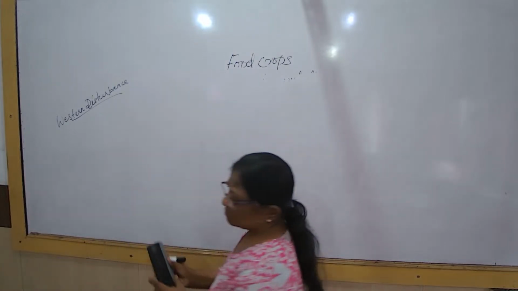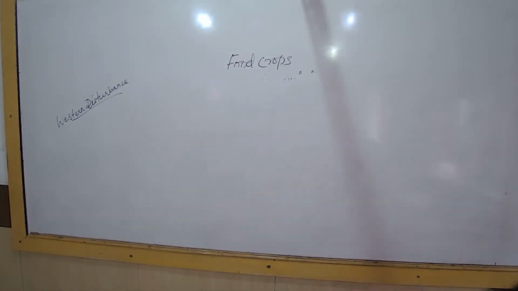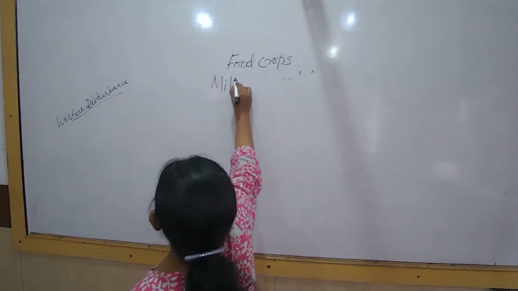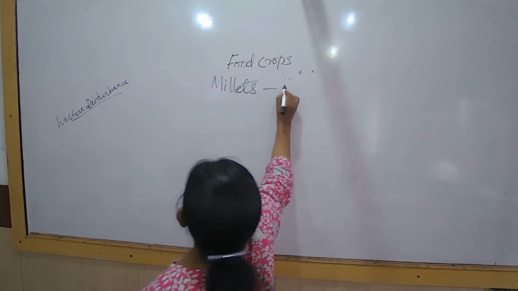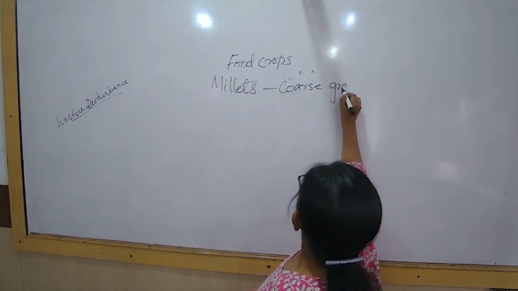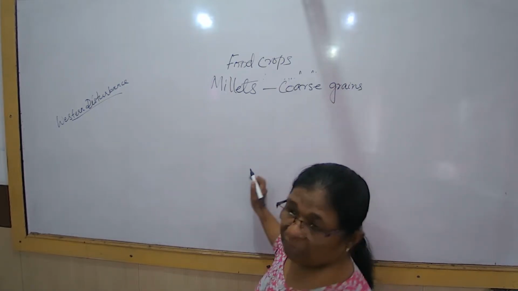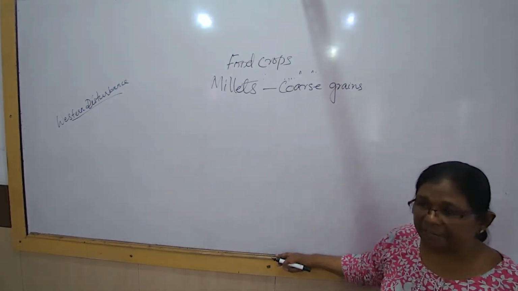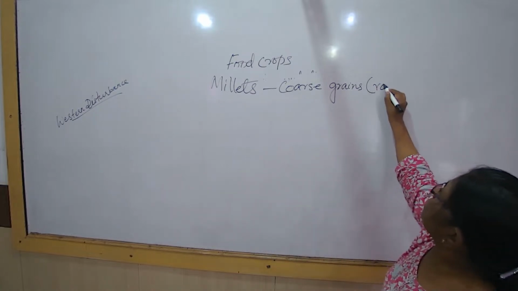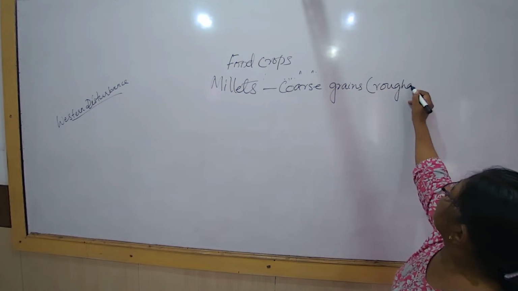It looks like grapes. See, millets are known as coarse grains. What are coarse grains? Coarse grain is used as roughage.